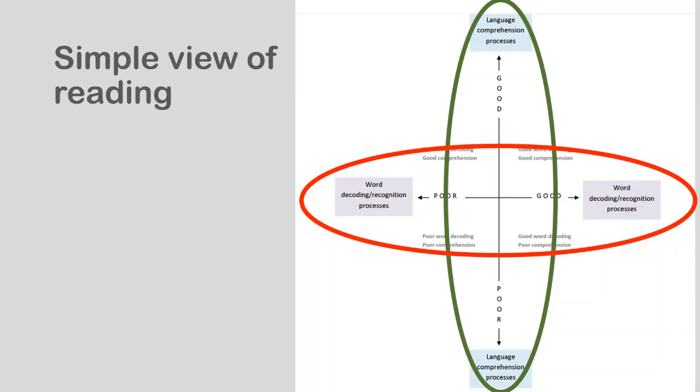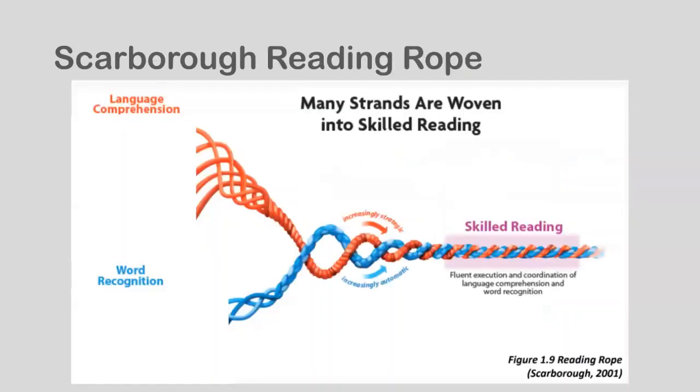Again, children can vary from good to poor in this. And this is where phonics fits. So this video is just about the strand of word decoding and recognition, not about the comprehension, but the two need to be developed together to enable children to become good readers.